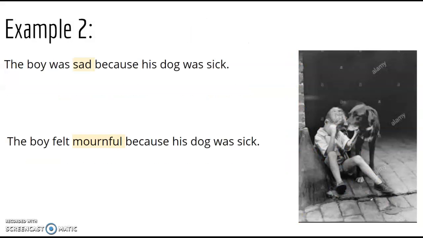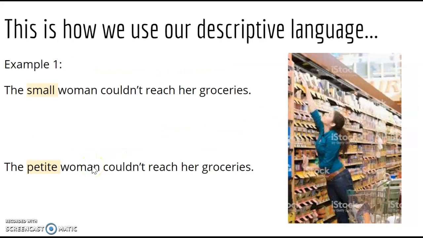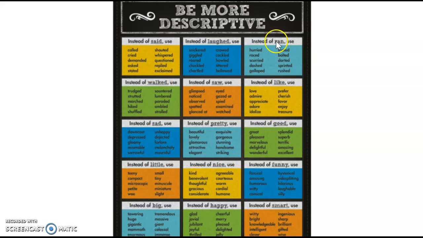So here's one more example. I also saw this picture recently of a boy who was looking very sad next to his dog. So I wrote the sentence, the boy was sad because his dog was sick. But again, that word sad, it's a word that we use too much, and it really doesn't fully describe how this boy feels. So I went back. This time I used this chart. Here it said, instead of sad, use.